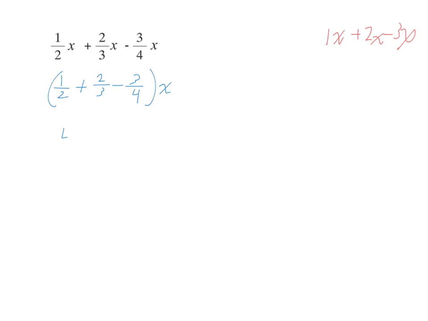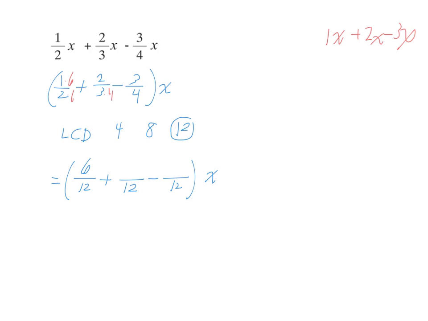Okay, they need a common denominator. I'll start with 4 and work my way up. They don't all go into 4, not 8, but 12 works. Making some equivalent fractions, the first one gets multiplied by 6.